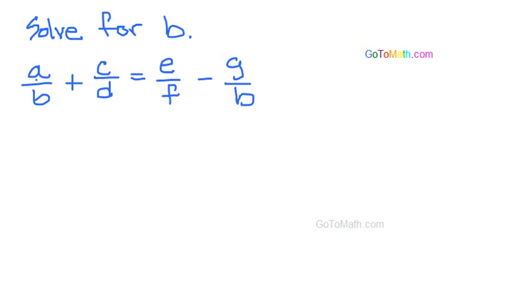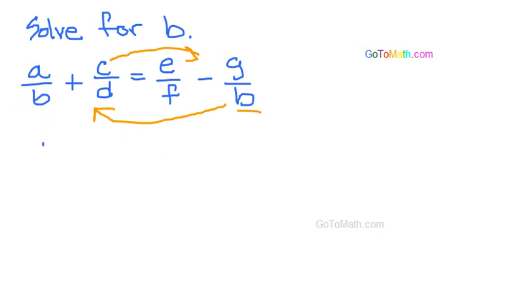Alright. Well, we have an a over b, and a g over b, and what I'm going to do is just take this over to this side of the equal sign, and we'll move the c over d over here to the right. And the reason we're doing that is because we have a b here, and so we'll end up having two fractions that have the same denominator.